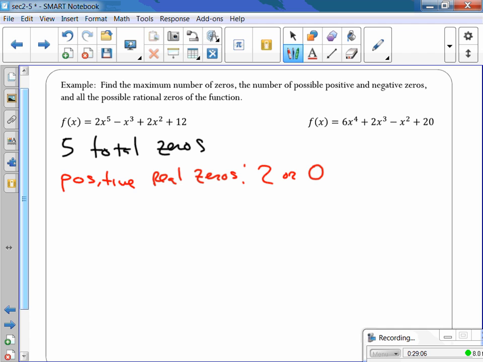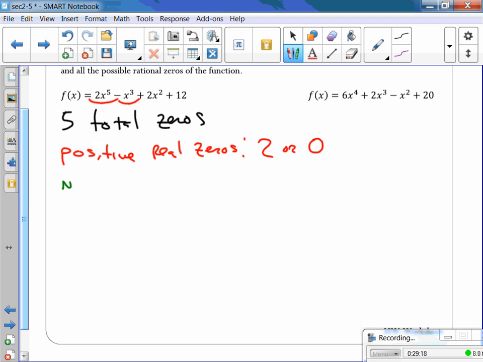And then what do we do for the negative? Not necessarily multiply, but we evaluate. We stick in negative x for x, which tells me that f of negative x equals... How many sign changes?